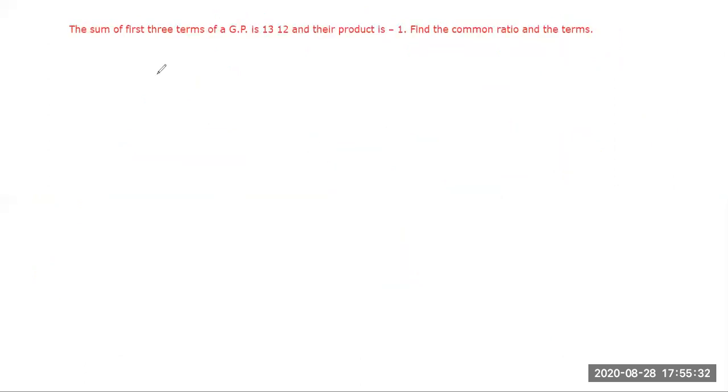So now it says the sum of the first three terms of a GP is 13 by 12. Correct. And the product is -1. Yes, students, this is a great sum. If you end up doing this sum by taking a normal GP, like a, ar, ar square, I started doing it like this and ended up nowhere. It was a fuss. So you never do it like this.